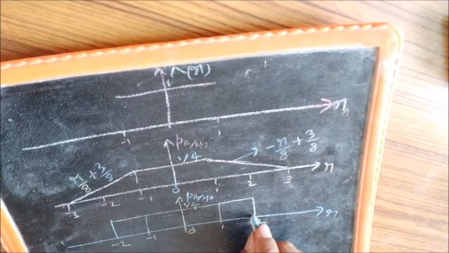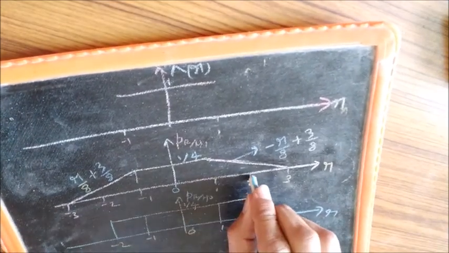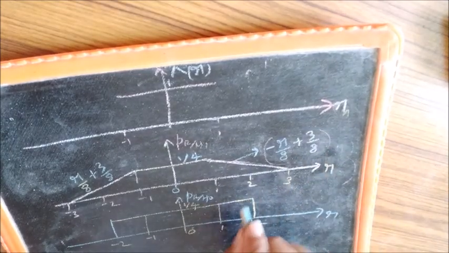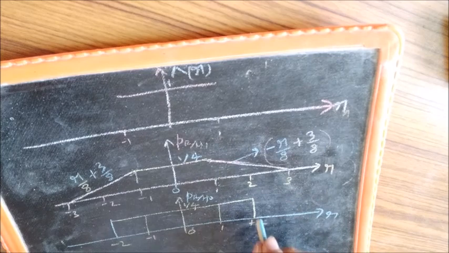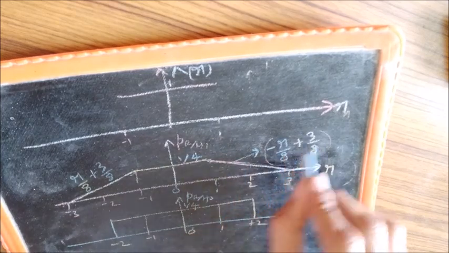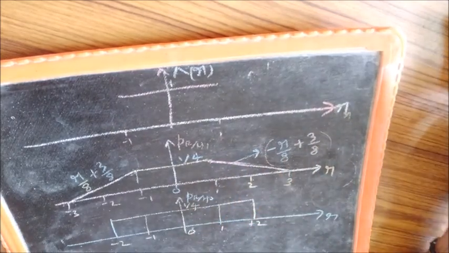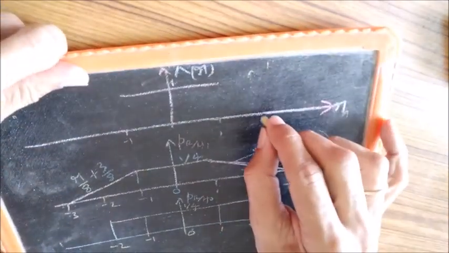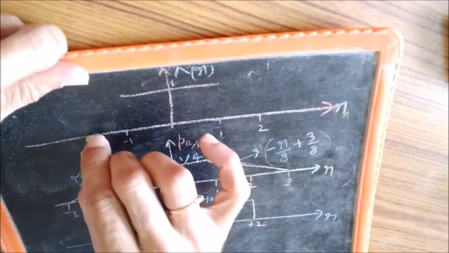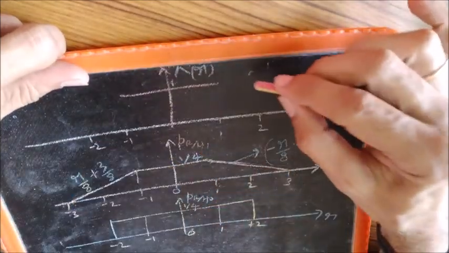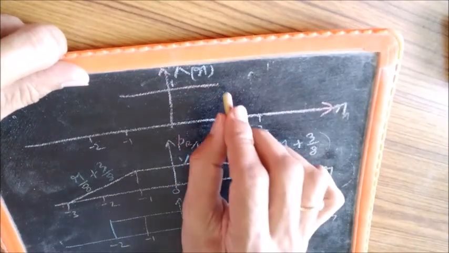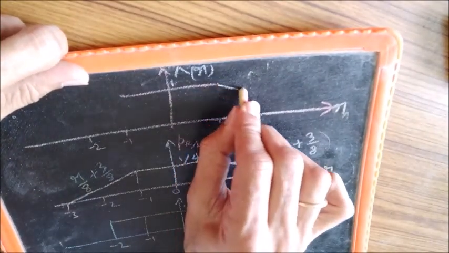And from 1 to 2, if you see, it is this divided by 1 by 4. So from 1 to 2, it is minus r by 8 plus 3 by 8, and if you divide this by 1 by 4, you will get minus r by 2 plus 3 by 2, which will be a straight line with a negative slope.